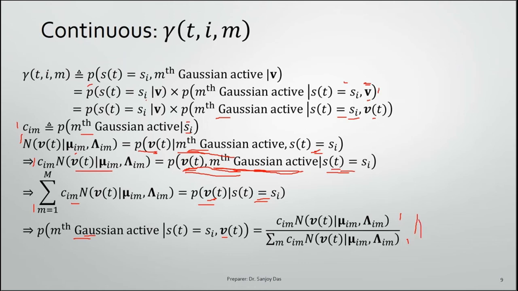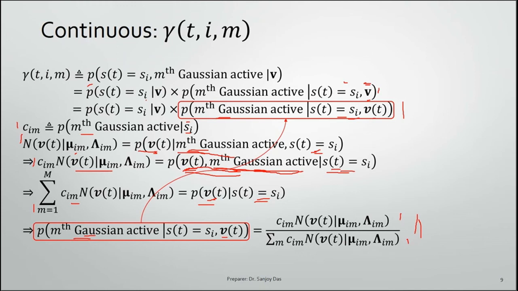If you compare it with the second factor of gamma Tim, they are both equal. Therefore, we have obtained an expression for gamma Tim. Since we already have an expression for the first factor, and now we have just obtained an expression for the second factor, we have completed an expression for gamma Tim.